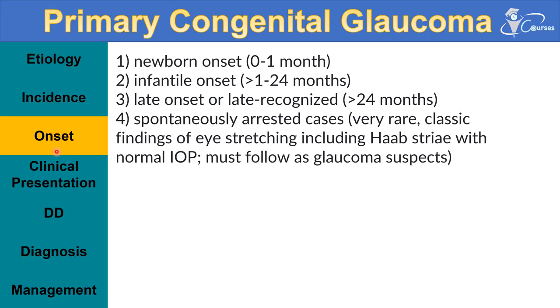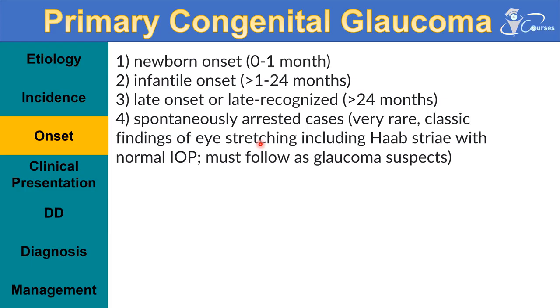The newborn onset, diagnosed from birth till 1 month, which is the neonatal period; or infantile onset, diagnosed between 1 month and 24 months, or in the first 2 years of life; late onset or late recognized, diagnosed after 24 months; or, on a very rare occasion, a spontaneous regression, or spontaneously arrested cases.